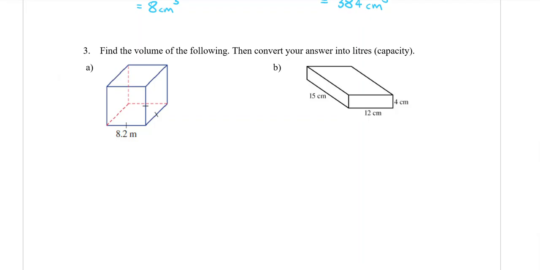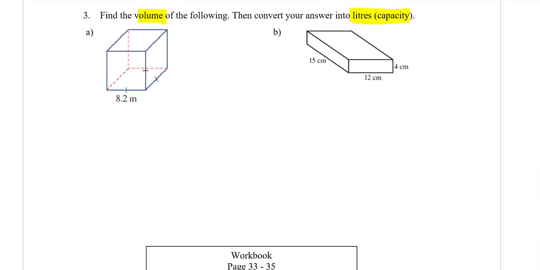It says, find the volume of the following, but then convert your answer into litres, which is a capacity unit. So it will start the same. If I want to find the volume of that cube, I'll be using V is equal to S to the power of 3.